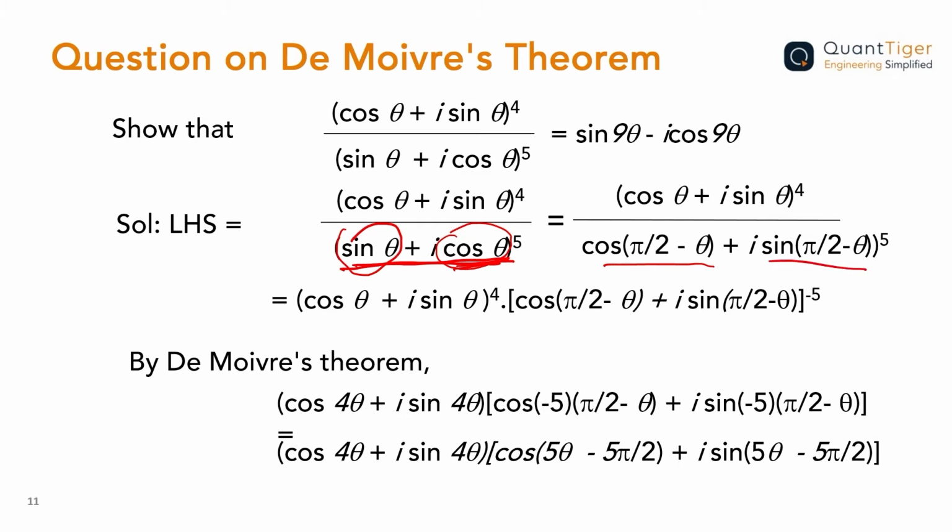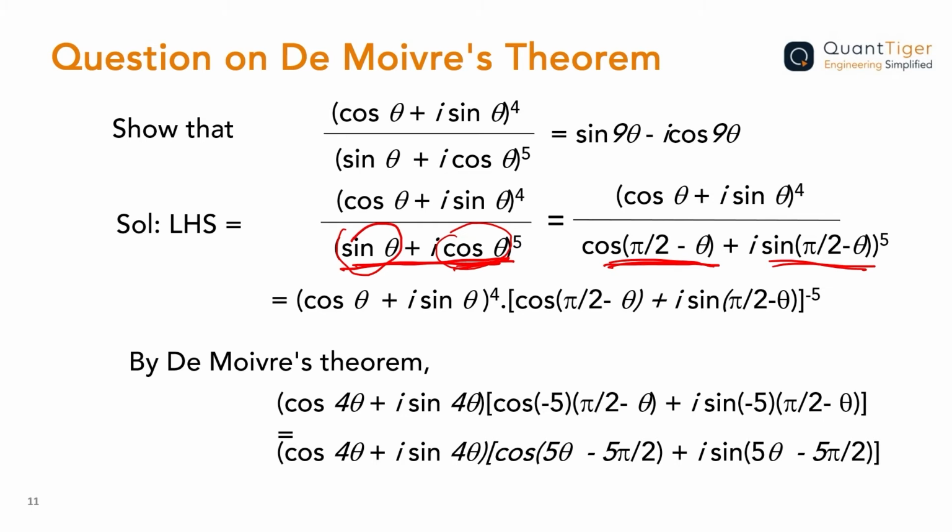So I simply replaced sin theta and cos theta using that formula. Instead of sin theta I wrote cos (pi by 2 minus theta), and instead of cos theta I wrote sin (pi by 2 minus theta). Why? Because I want it in the form cos theta plus i sin theta, since I want to apply de Moivre's theorem to solve the given question.